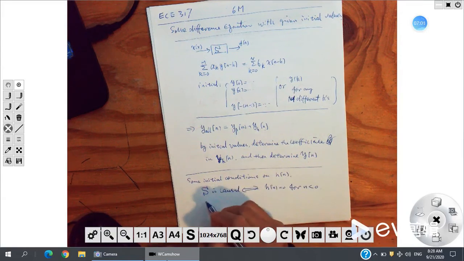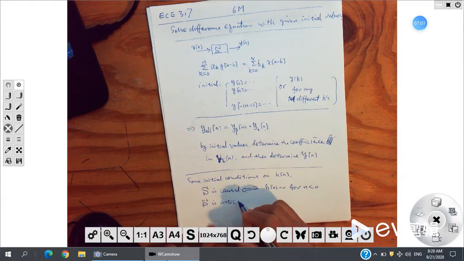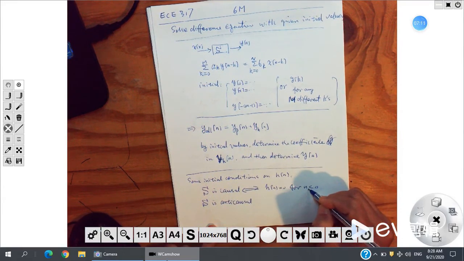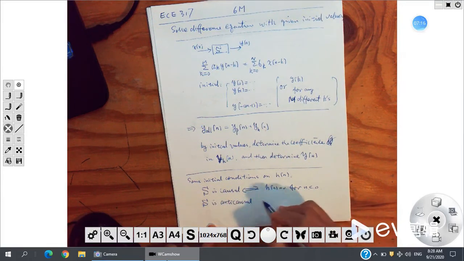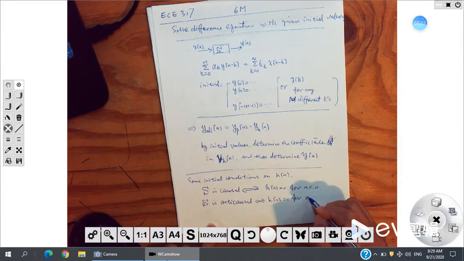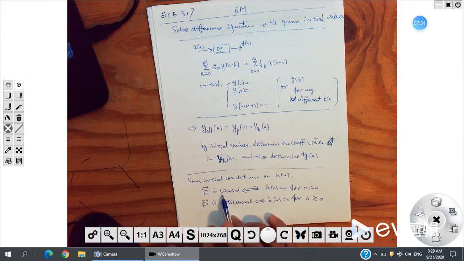Another case is when S is anti-causal. For anti-causal, we have h of n equal to 0 for n larger than or equal to 0. So this is anti-causal. Do you remember what causal is?